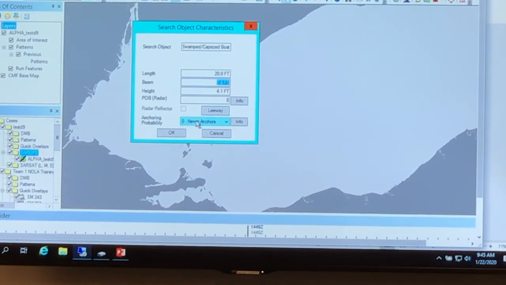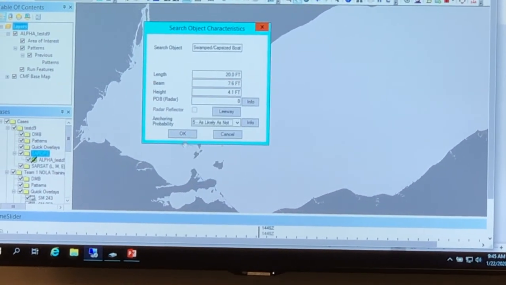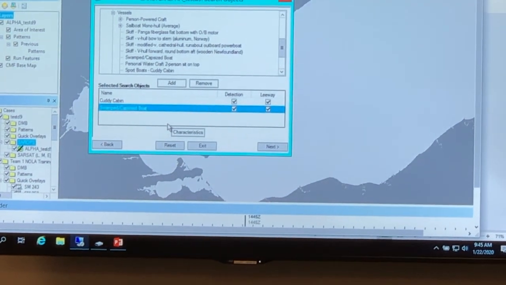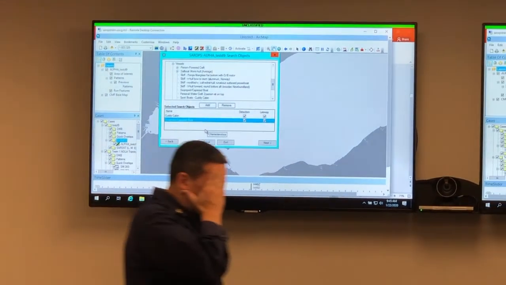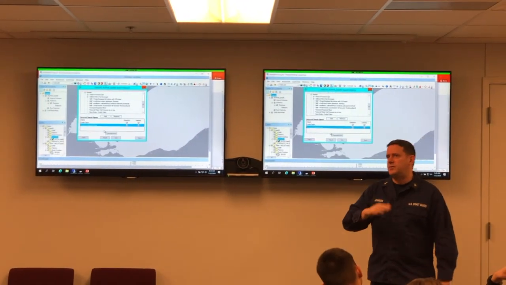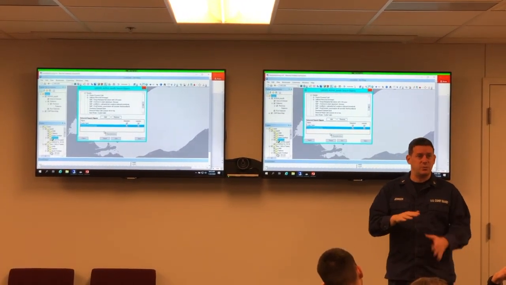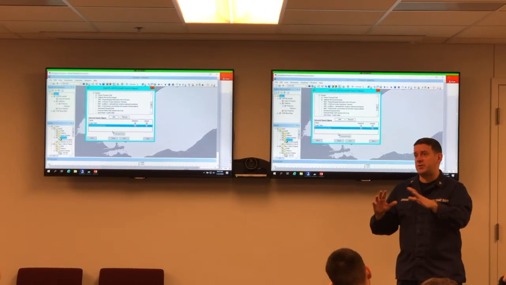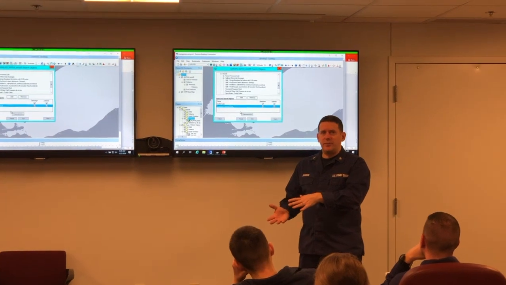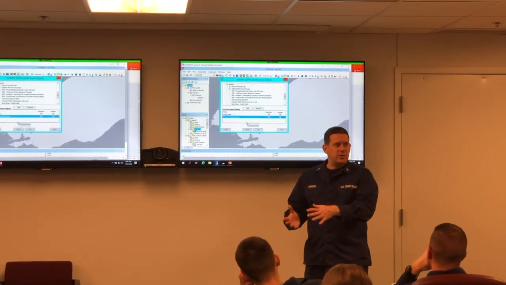So another thing of note for you all, the swamped capsized boat, I don't really love the fact that it says swamped or capsized because it's really two different things. It says that it's down to 40% of the original size. So what it's doing is it's reducing it, 60% of it is now below the water. But in a large boat, like a Grady White, I would be willing to say, okay, I'm okay with that.